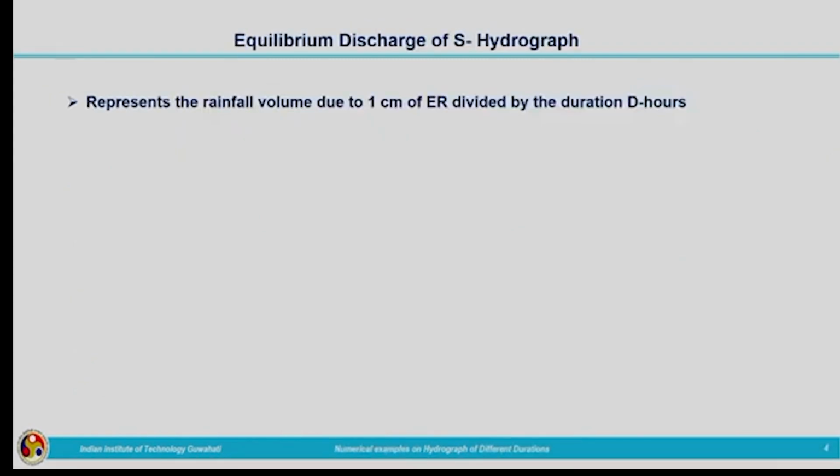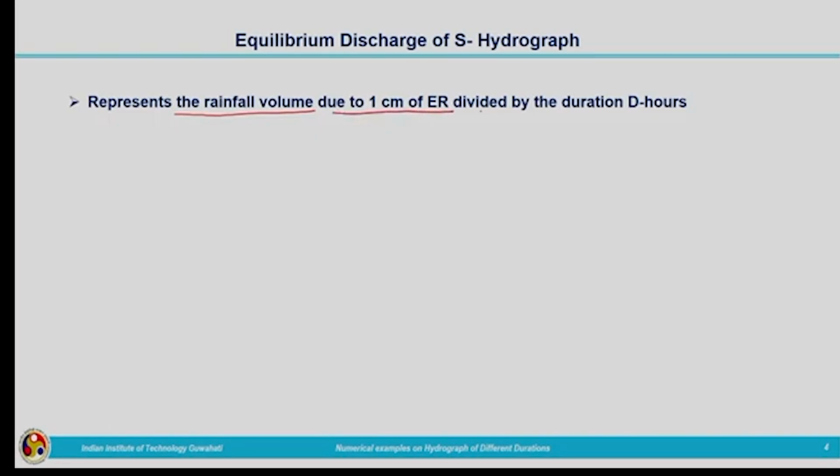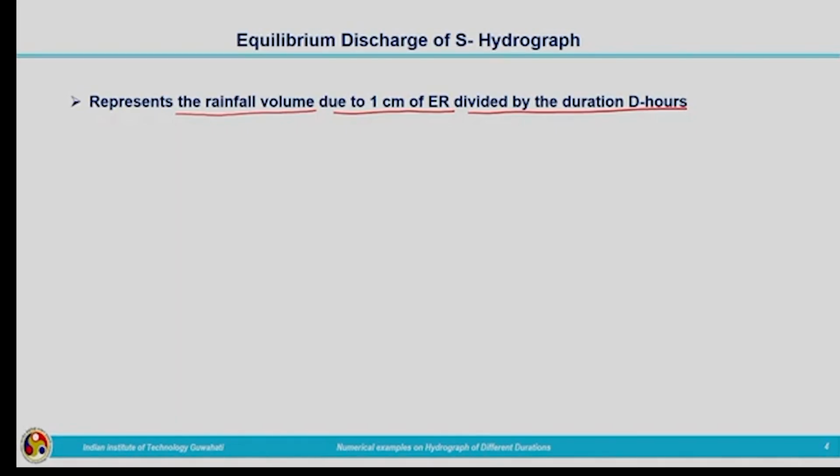Now, what is this equilibrium discharge, or equilibrium value, corresponding to the S-Hydrograph? It represents the rainfall volume due to 1 centimeter of effective rainfall divided by the duration D hours. How is it obtained? The effective rainfall we are considering has a depth of 1 centimeter.